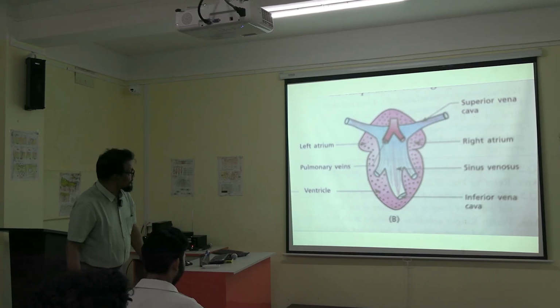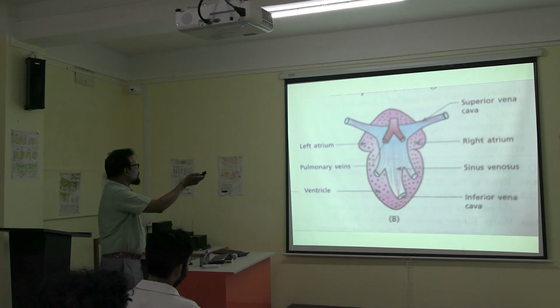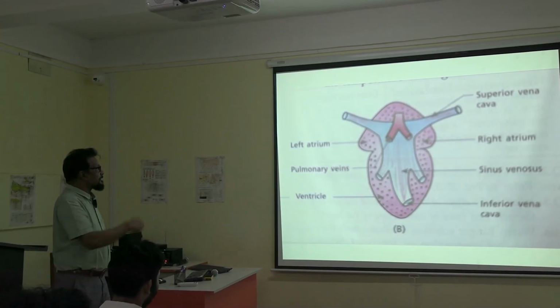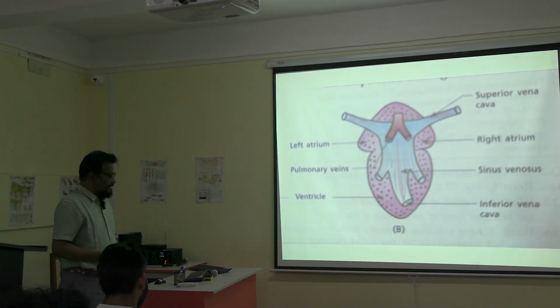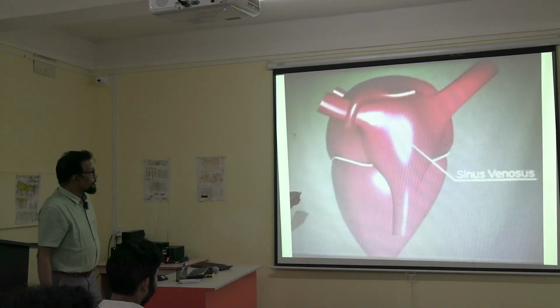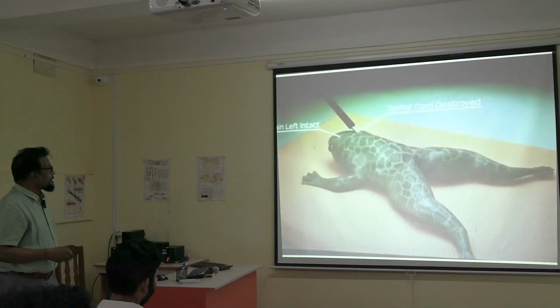So the top 2 are the left atrium and the right atrium, and this is the ventricle. It has been shown. So same thing.